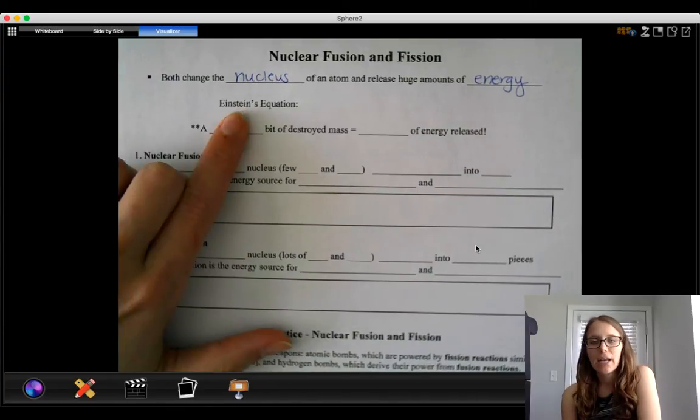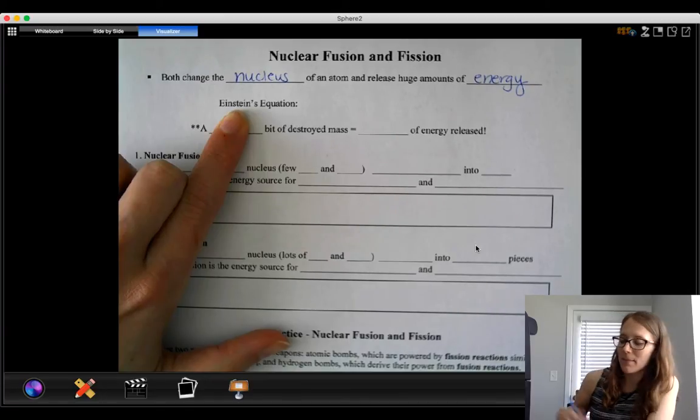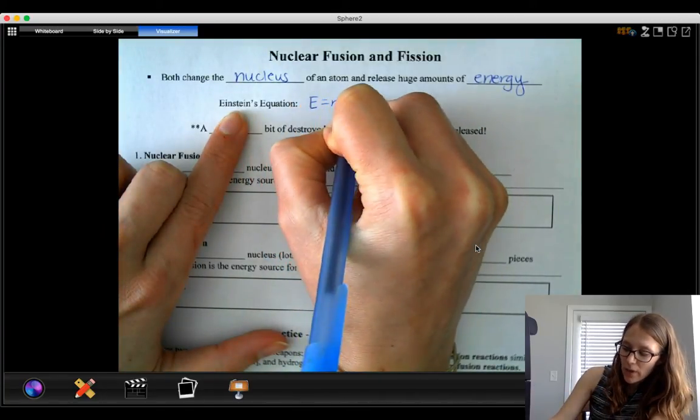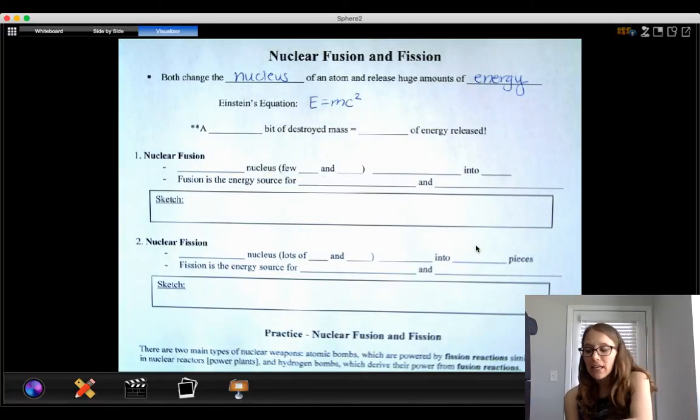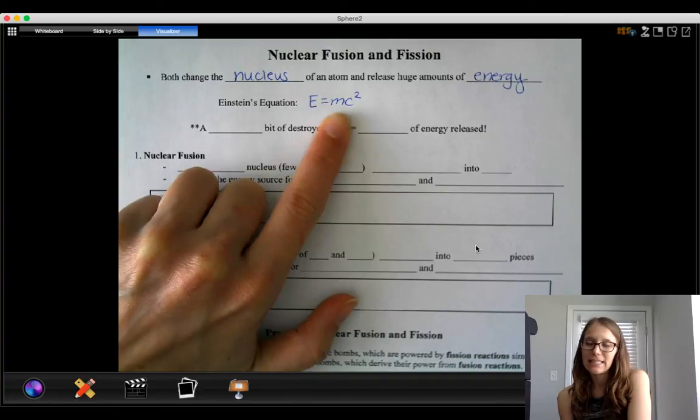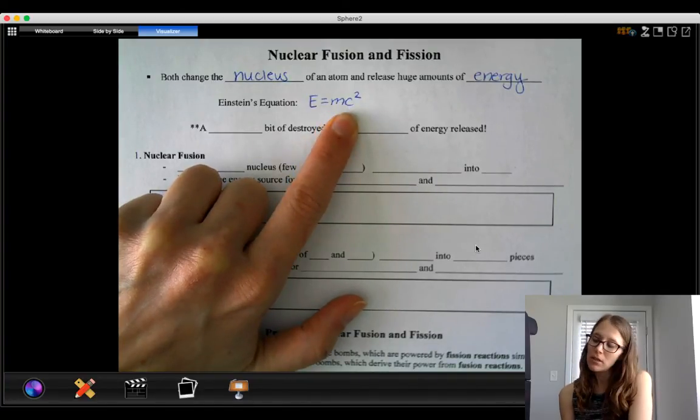Okay. Just as a side note, many of you might have heard about or know Einstein's famous equation, which is E equals mc squared. The E in this equation is energy, m is mass, and c is the speed of light squared. And c, the speed of light, is a really big number.